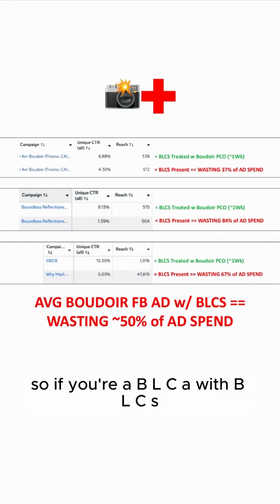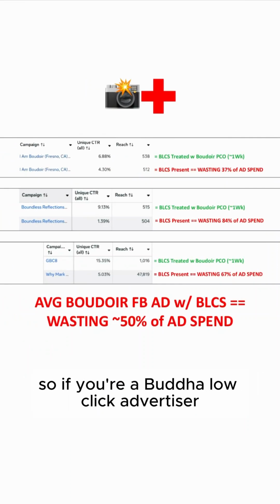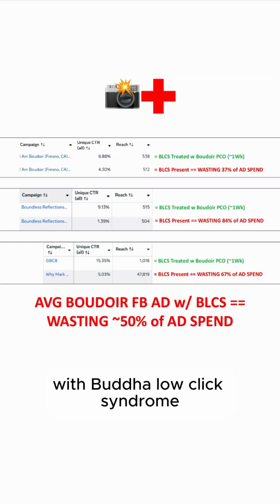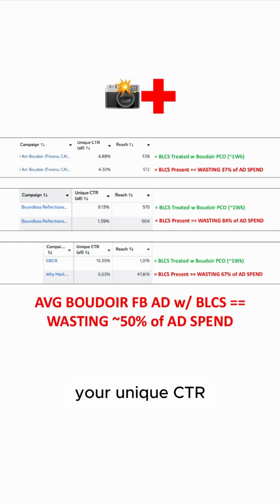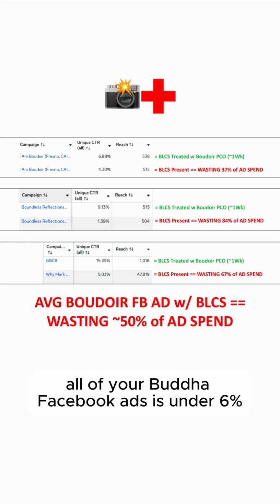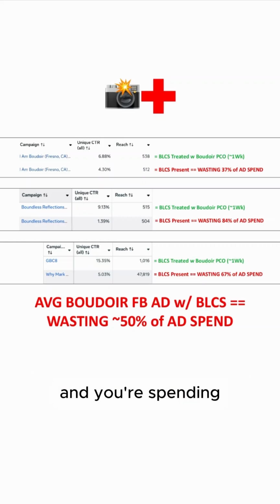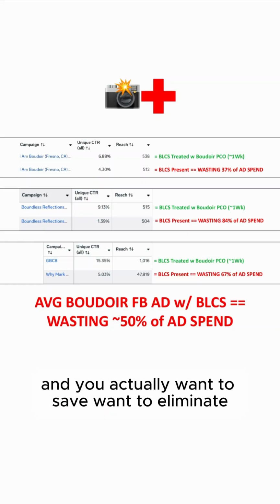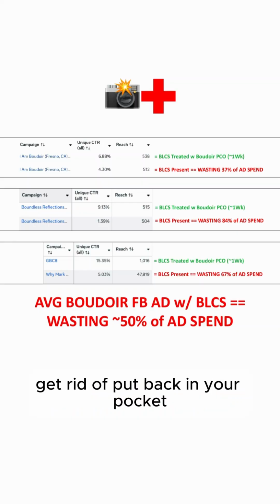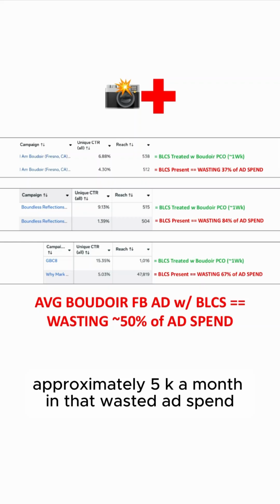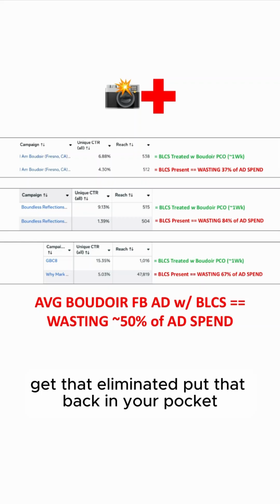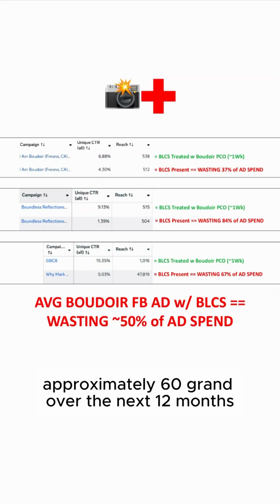So if you're a BLCA with BLCS, so if you're a Boudoir low click advertiser with Boudoir low click syndrome, your unique CTR of your Boudoir Facebook ads is under 6%, and you're spending more than 10 grand a month on Boudoir Facebook ads, and you want to eliminate and put back in your pocket approximately 5K a month in that wasted ad spend, approximately 60 grand over the next 12 months.